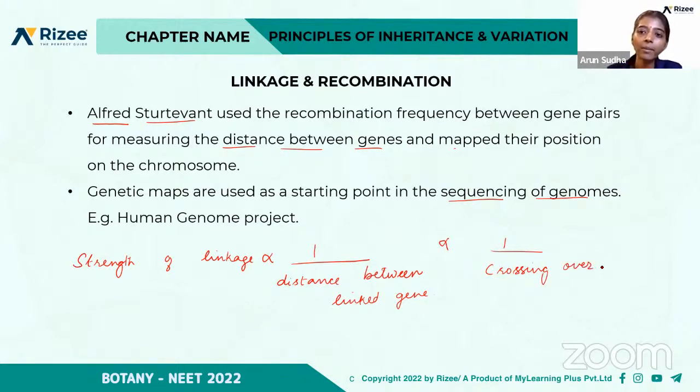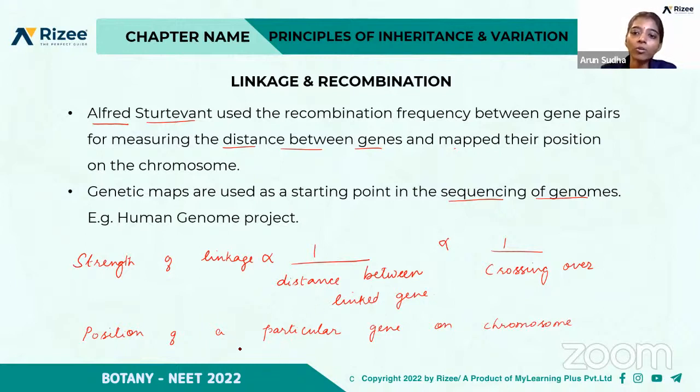So what is a genetic map? It tells us the position of a particular gene on a chromosome. The position of a particular gene on a chromosome can be found out by using a genetic map.